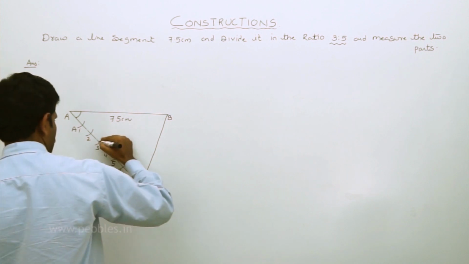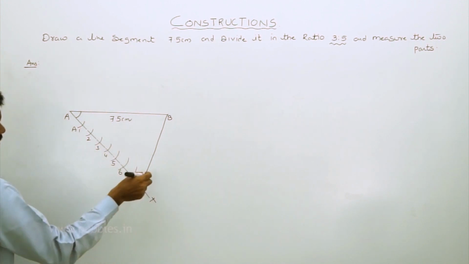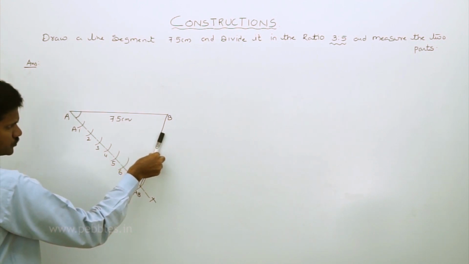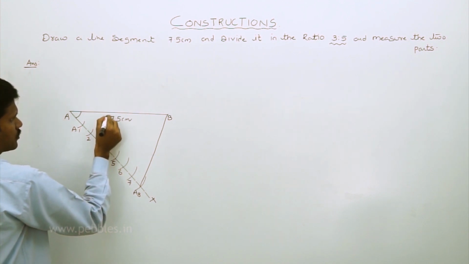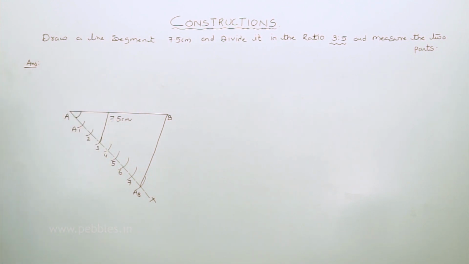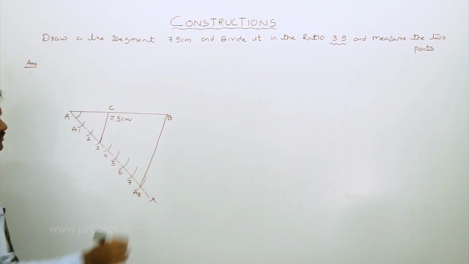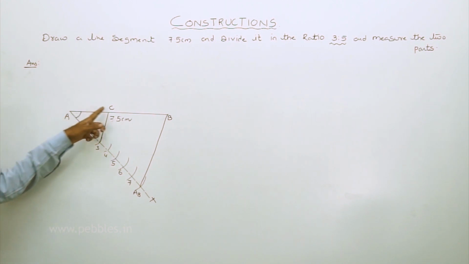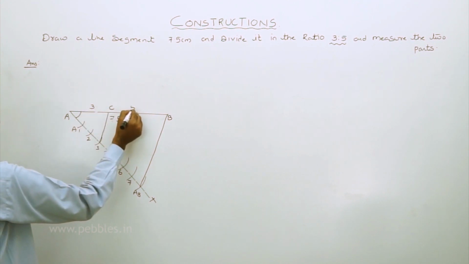That means draw a parallel line to BA8 through A3, which touches AB at C. Now AC is to BC in the ratio 3:5.